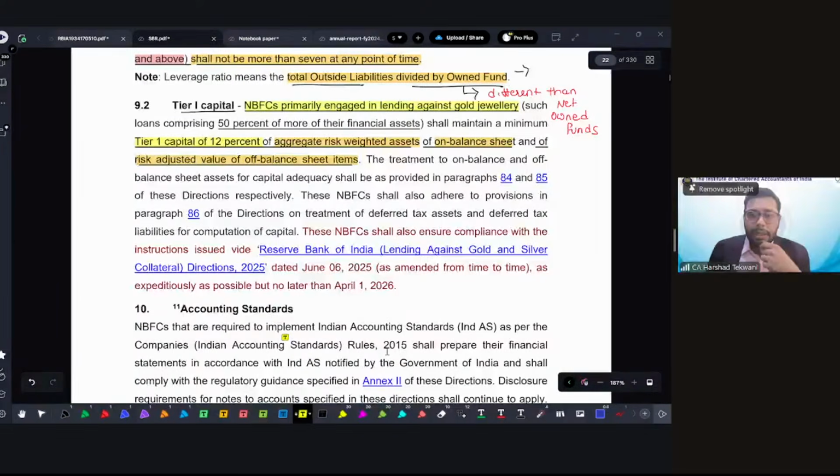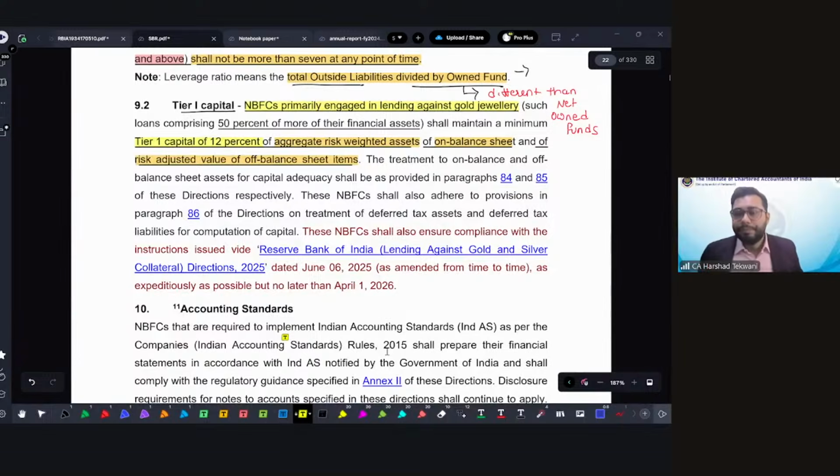Like, the Tier 1 capital of 12% of aggregate risk weighted assets and off balance sheet risk weighted assets, which we will learn later. That's not a matter. But at this particular point, I wanted to know what it means exactly as compared to the other business of NBFC. Yes, we will.